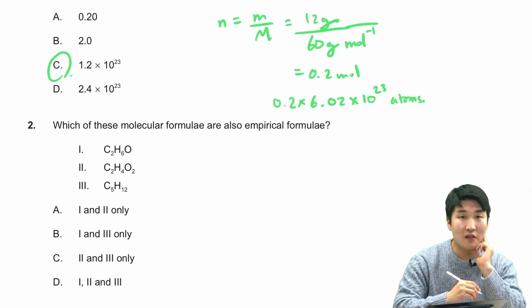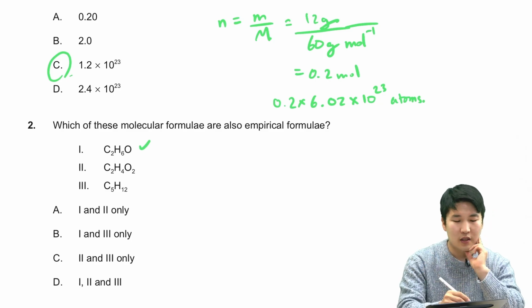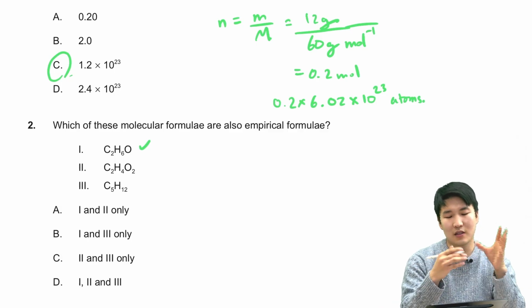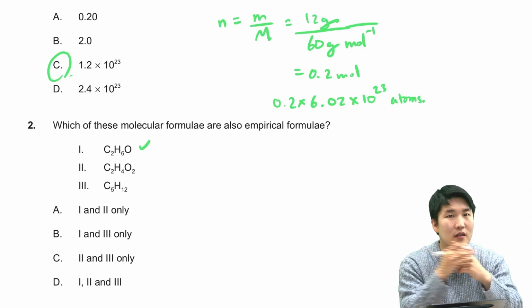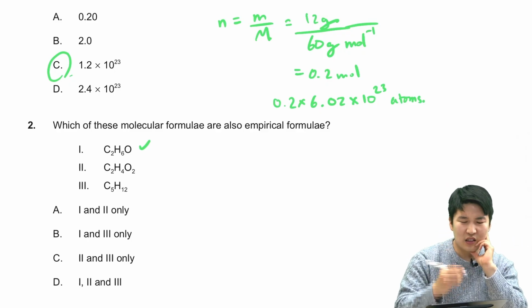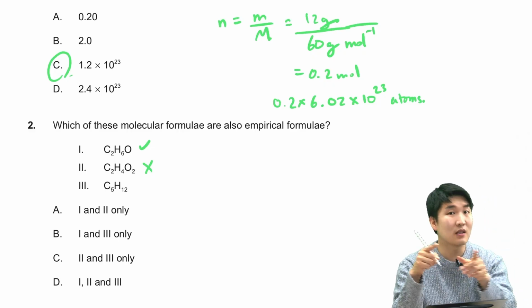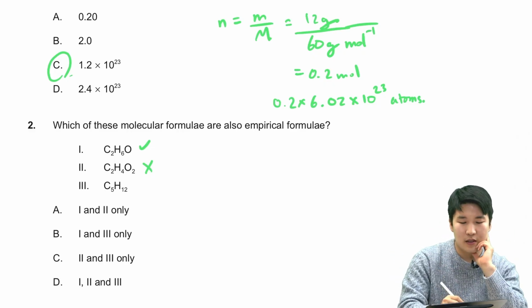Like option I, we can no longer divide the number of carbons, hydrogens, and oxygens, which means C2H6O is a formula with the smallest whole number ratio, unlike option II, which can be turned into CH2O.